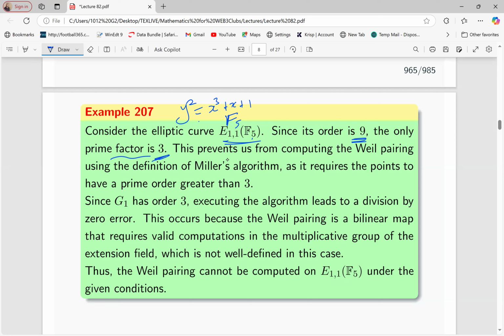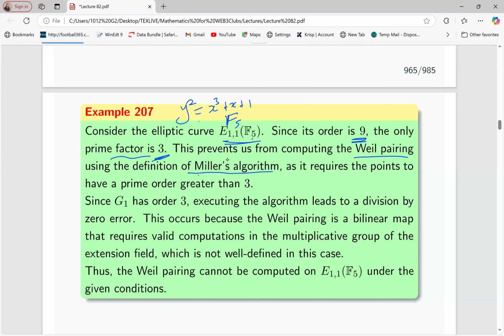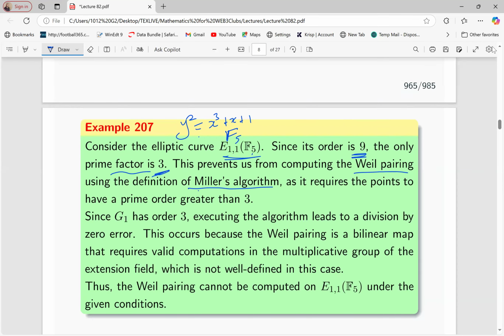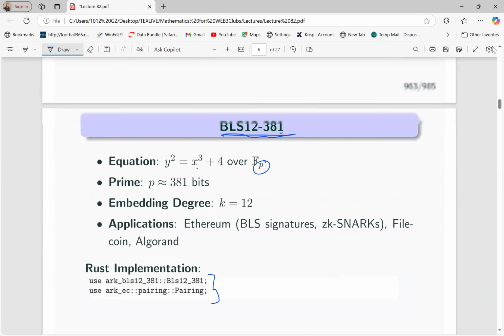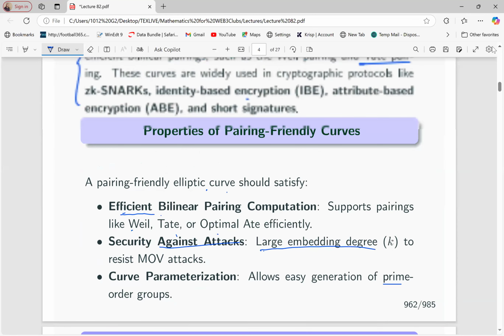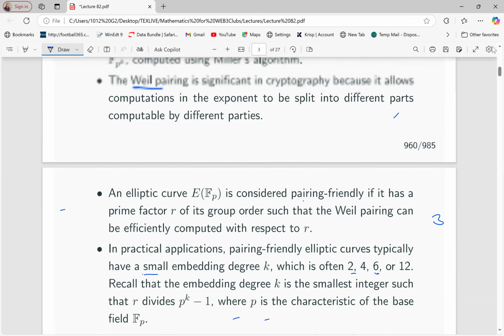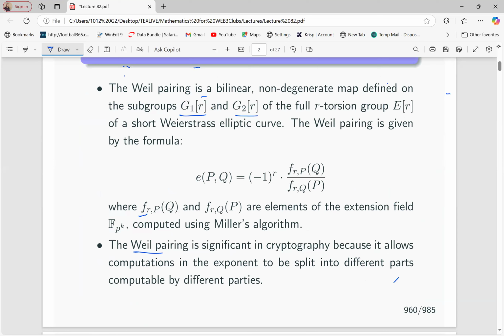Now, we've talked about the prime factor. We said that this 3 would prevent us from computing the Weil pairing using Miller's algorithm. Remember, Miller's algorithm was to give us F something, when we looked at the definition of Weil pairing. Miller's algorithm is to assist us in computing those elements.